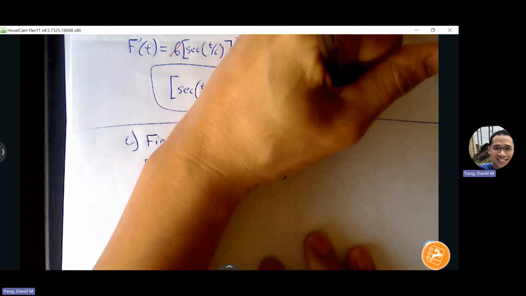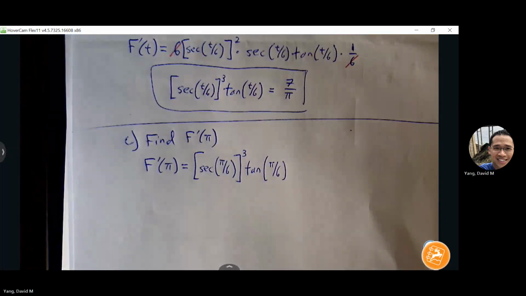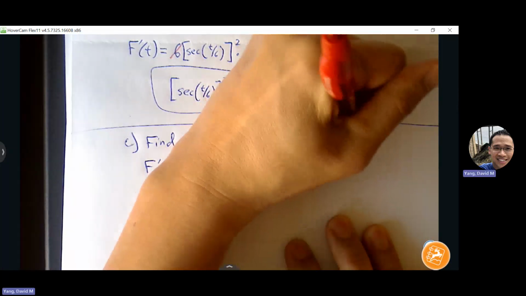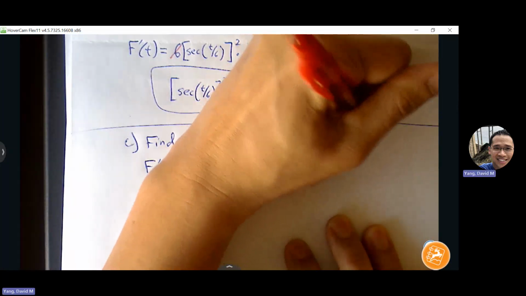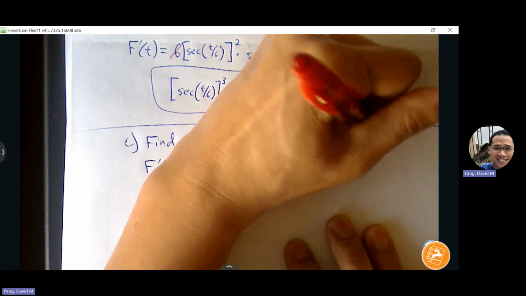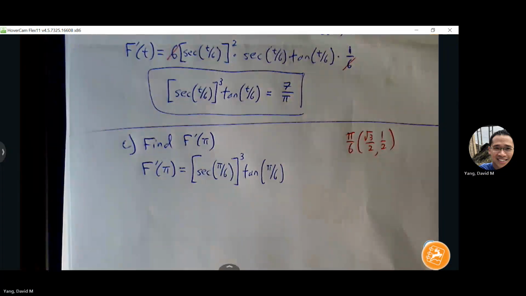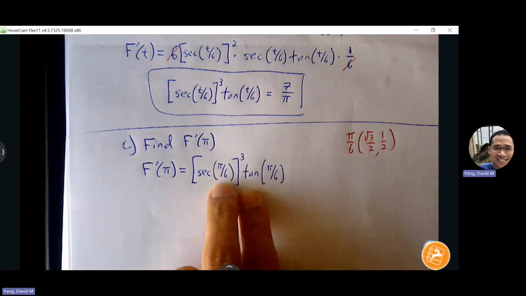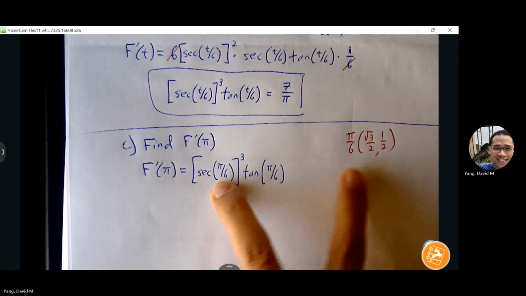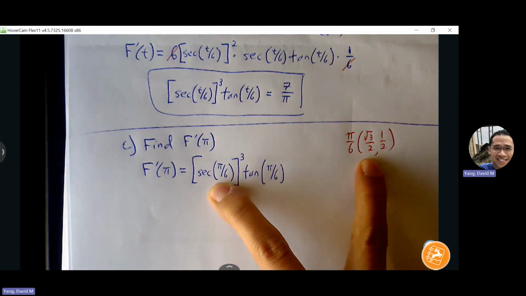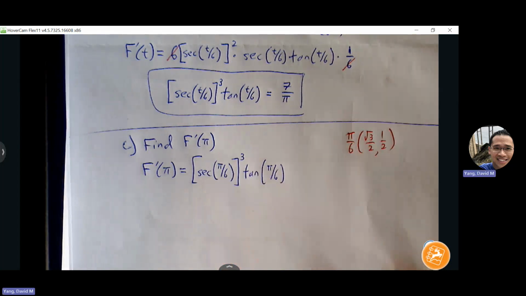Okay, if you think about the ordered pair at pi over 6, it's root 3 over 2, 1/2. Secant is related to cosine. What's cosine of pi over 6? Root 3 over 2. So secant will just be what? Yeah, the reciprocal.